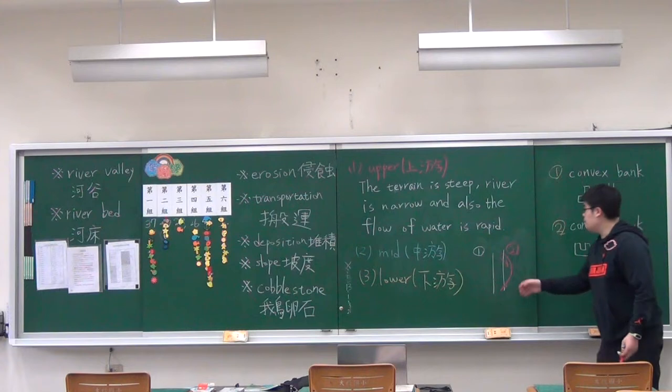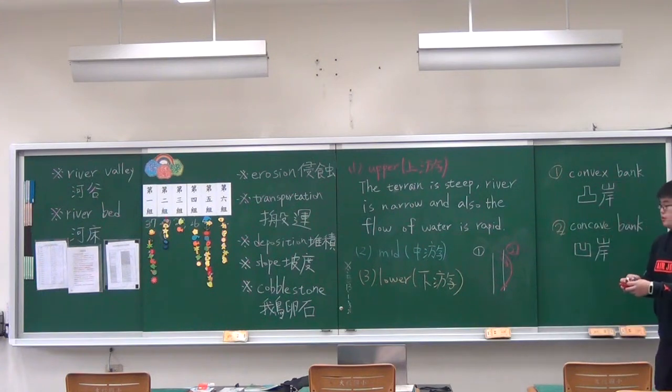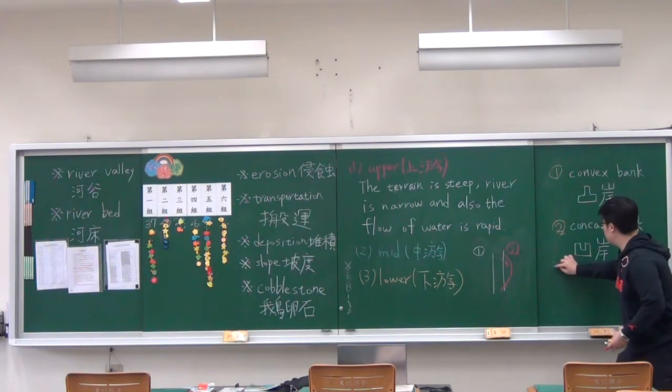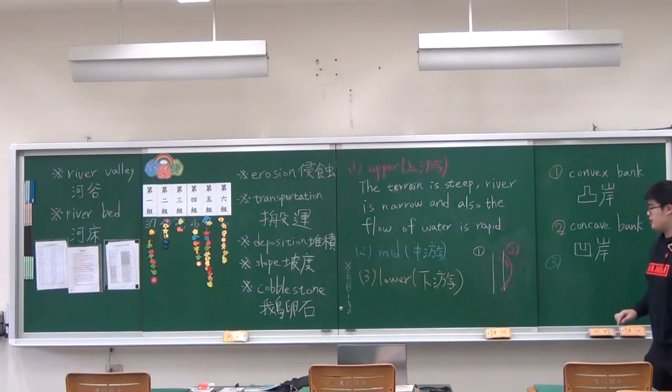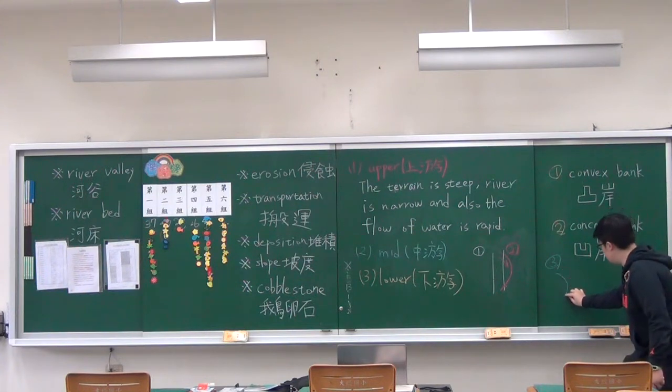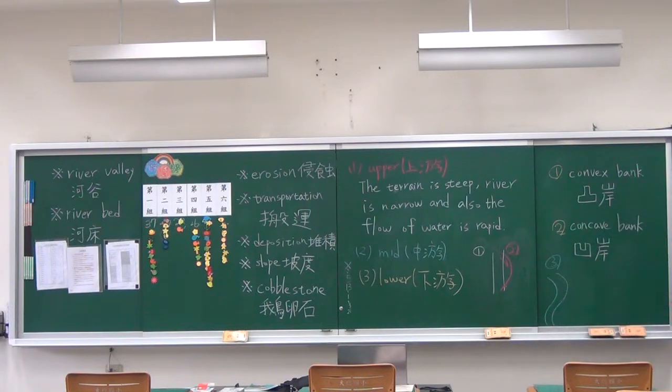And we have to complete the picture. So eventually, the river will look like this. So now the convex bank and concave bank occur.